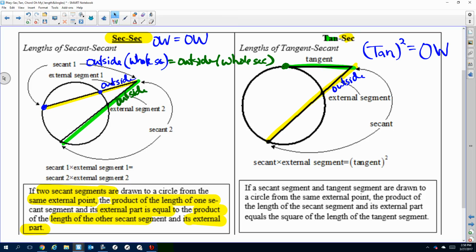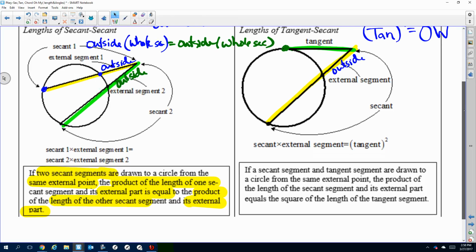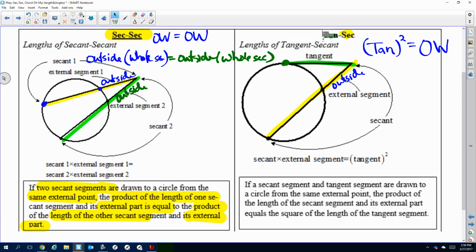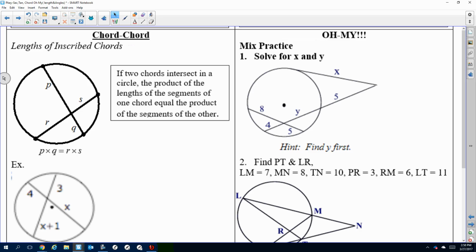And then the last relationship you have with segment lengths is chord, chord. If you have two chords that intersect, then the product of the lengths of the segments of one chord equals the product of the segments of the other chord.